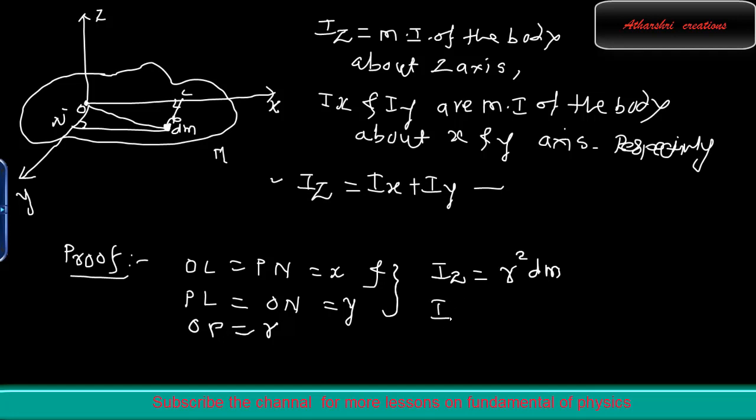Similarly, the moment of inertia of the small element dm about the x-axis is y square dm, because the distance of this point P from the x-axis is equal to y, that is, PL equal to y.